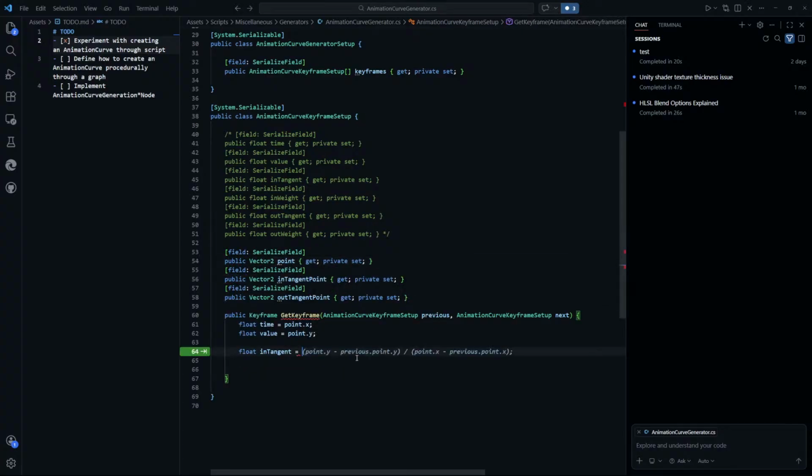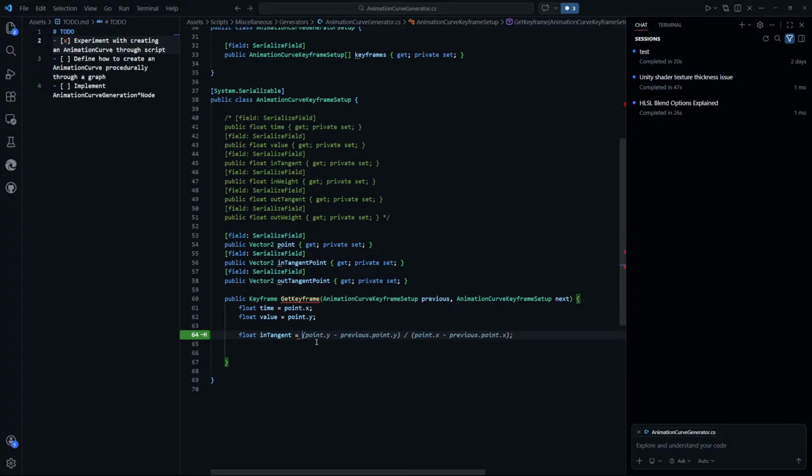Okay, intangent is equal to point y. No, not really.